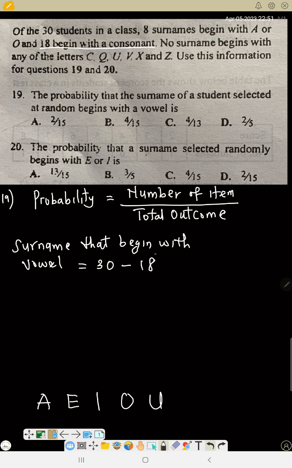If I remove the 18 that begin with consonants from the total number, then the remaining will be the surnames that begin with a vowel. So 30 minus 18 is 12.